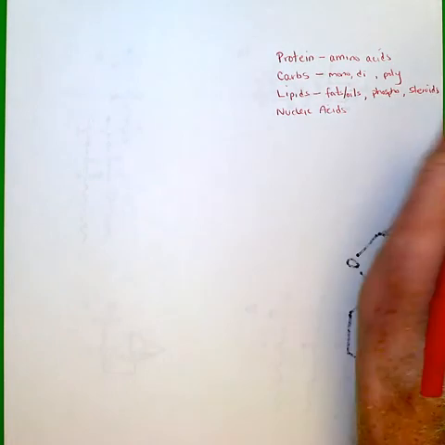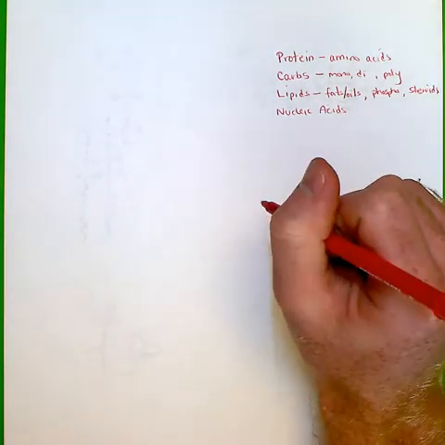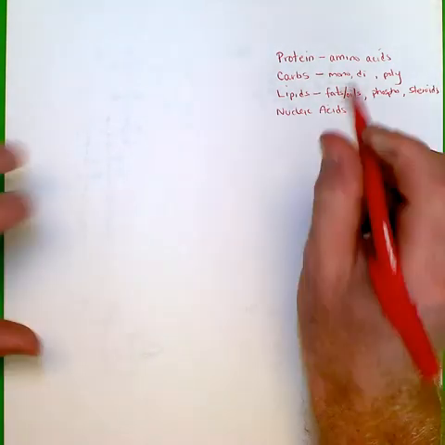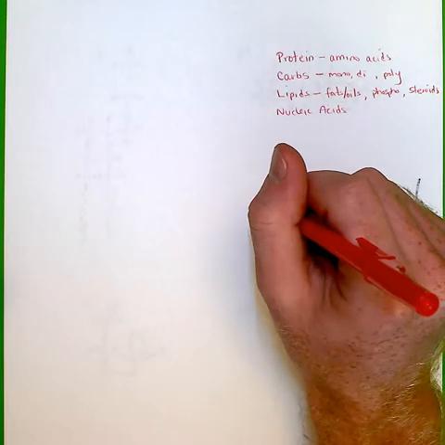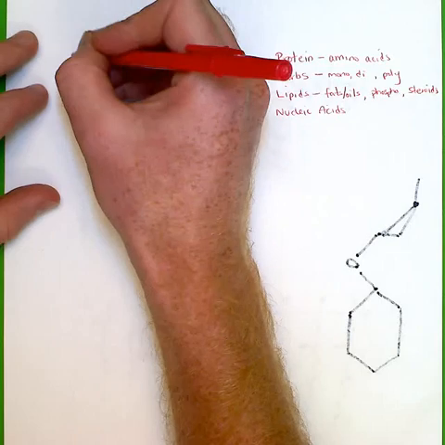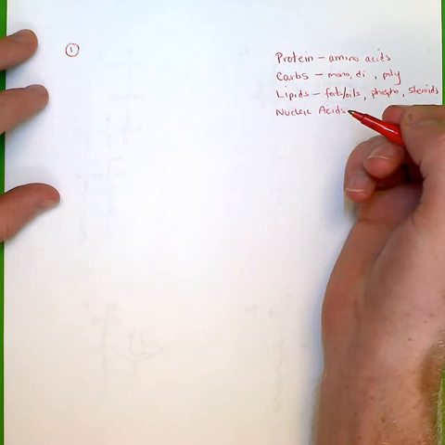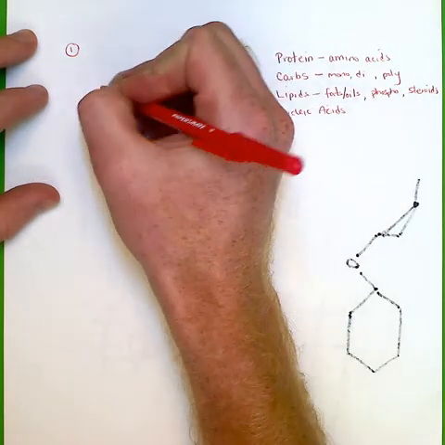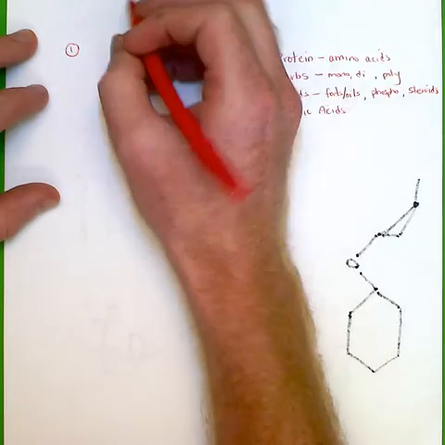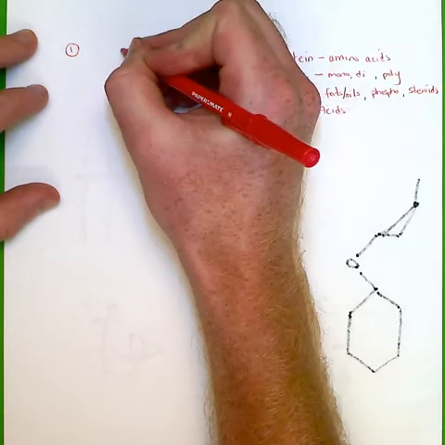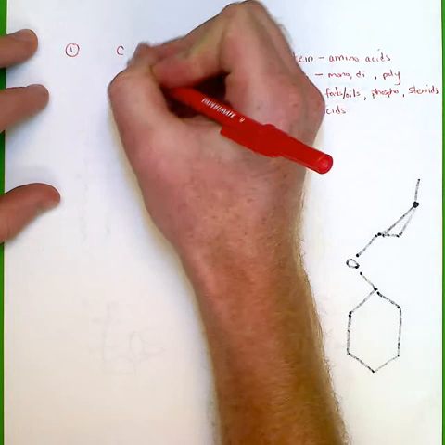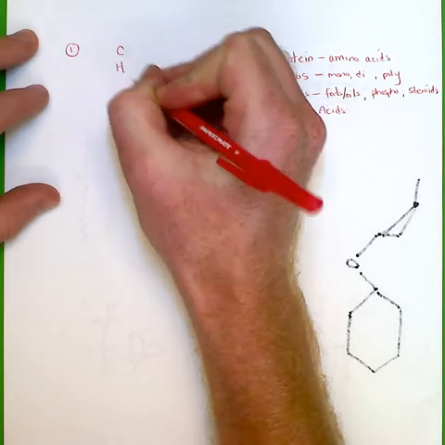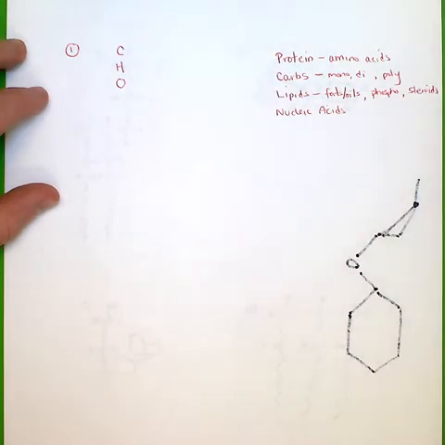All right. When you are looking at a chemical structure, the first thing that you want to do, if you do not recognize right away what it is, figure out what is in it. And so you're going to start by listing the elements. Let's just say you see carbon, hydrogen, and oxygen.